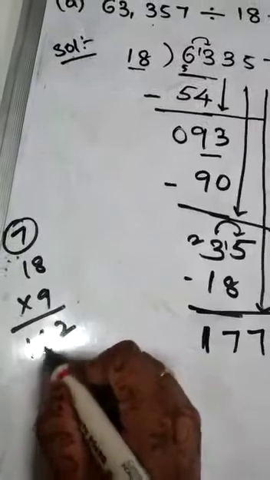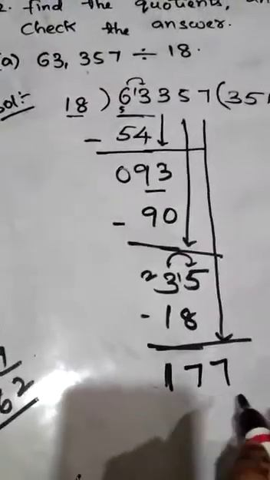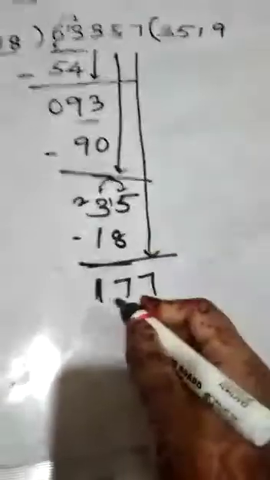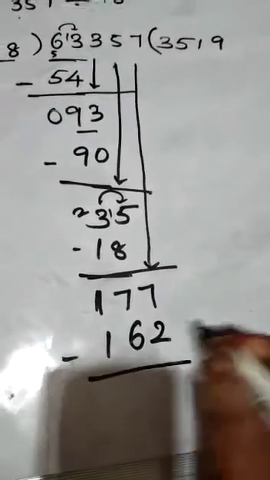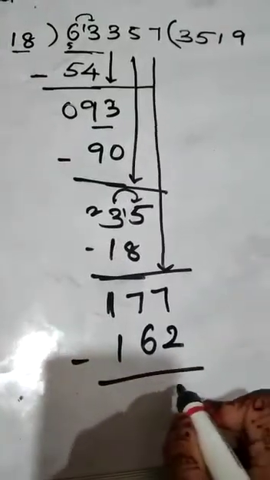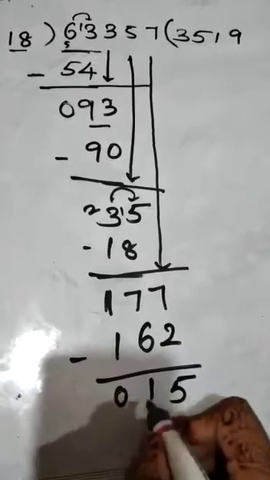So 162 is our answer. 18 tens are 180, but we should get 177. So it's better to take 18 nines are 162. 7 minus 2 is 5. 7 minus 6 is 1 and this will be 0.